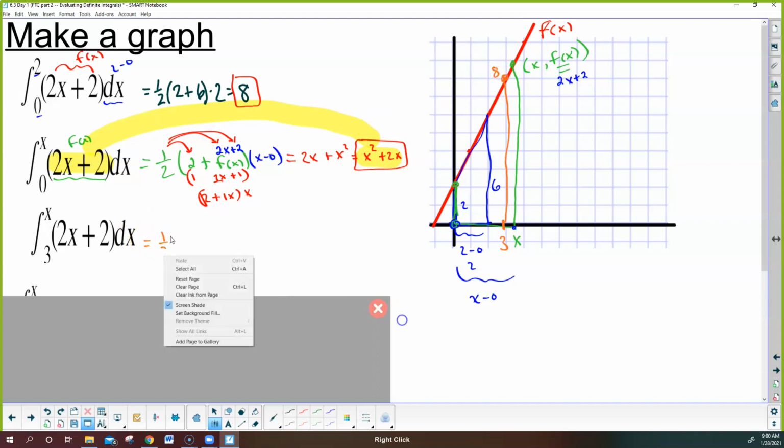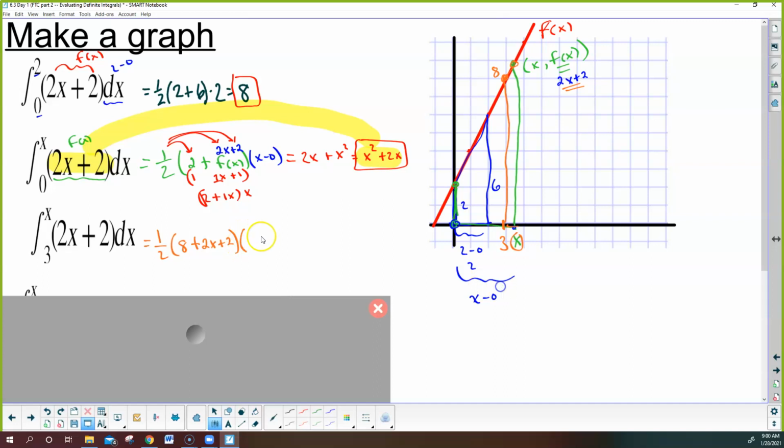So if I find the area under the curve, base 1 is 8. And then I go to some random x. Maybe that x is the same x as here. Maybe it's a really skinny trapezoid. That's fine. But what happens when I plug x in? What is its output? It's 2x plus 2 again.